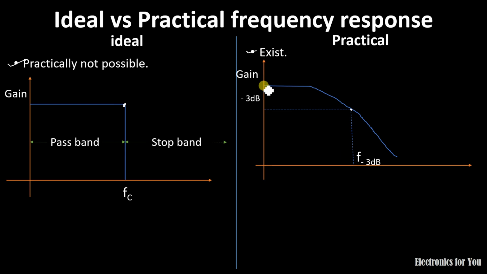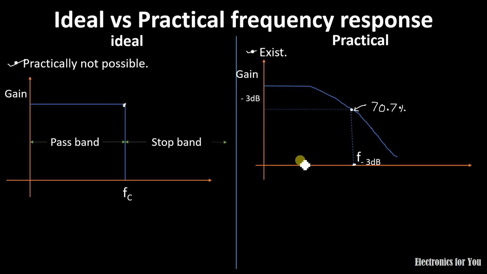It means that if this is the maximum value, and if we consider the total power reduced to 50%, then this is the frequency called the minus 3 dB frequency, or it may be defined as the frequency at which the voltage gain is 0.707, or we can say 70.7% of the maximum gain. If this is the maximum gain, and this is 70.7% of the maximum value, then this minus 3 dB frequency can be calculated.